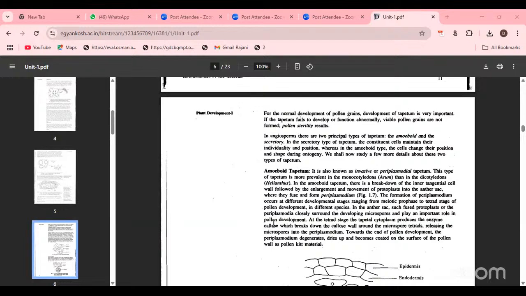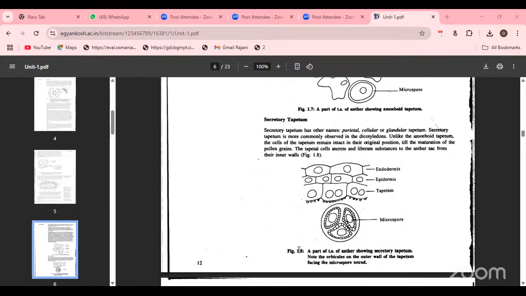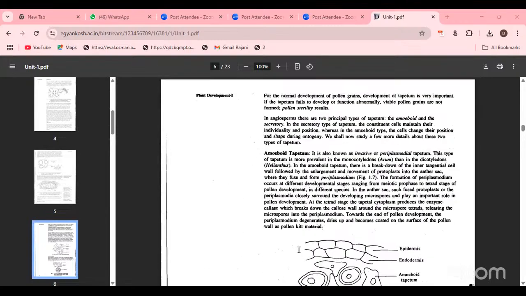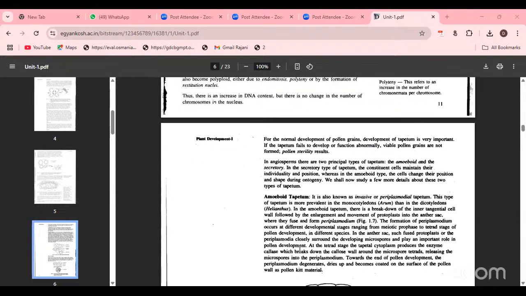We shall now study a few more details about the tapetum. Two types of tapetum are there: the amoeboid tapetum and the secretory tapetum. In the amoeboid tapetum, the structure is not clear; it is a shapeless tapetum, not particular in structure.